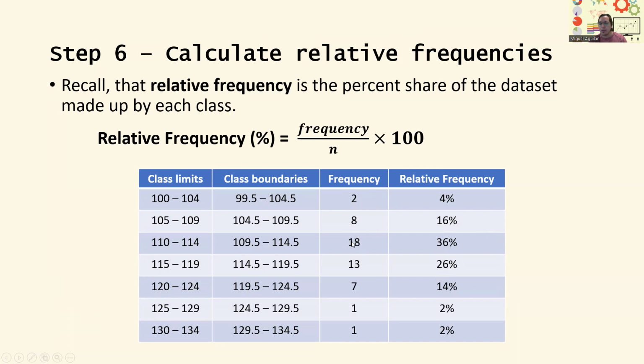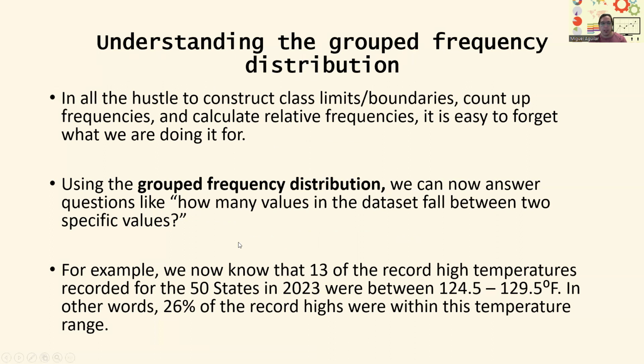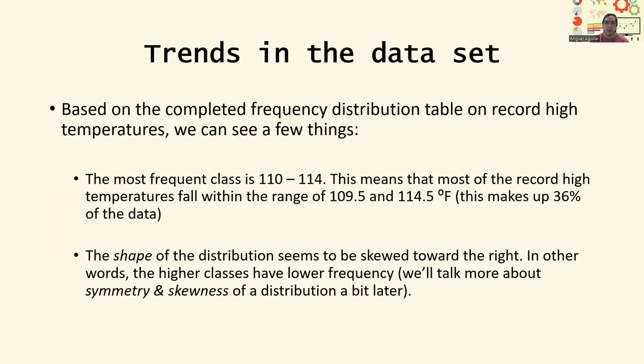There's a larger percentage of data values that fall in the 109.5 and the 114.5 value range, okay? So there's a lot of things we can do now that the data has been organized. We can summarize it a little bit more clearly than when we first started with our raw data set.